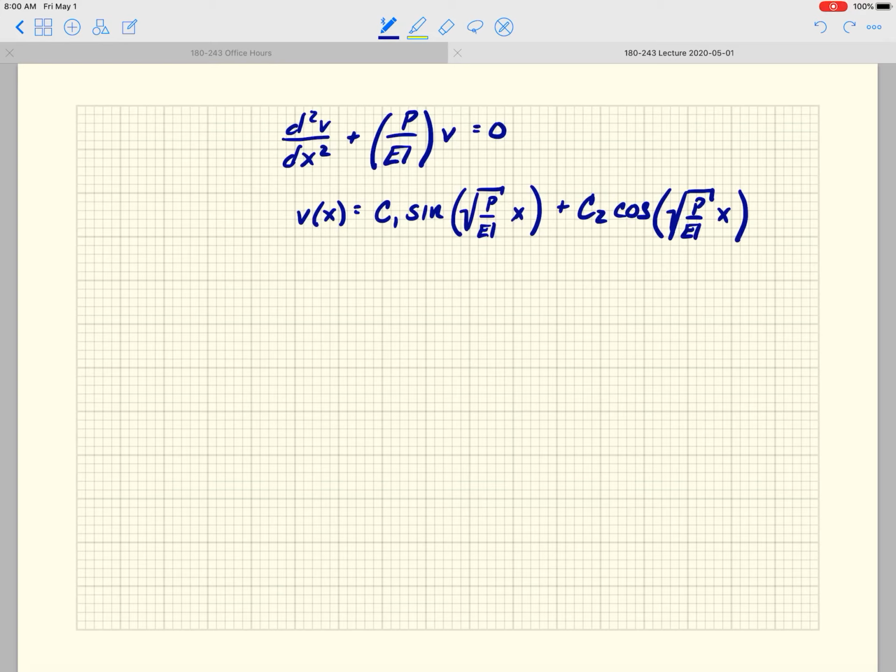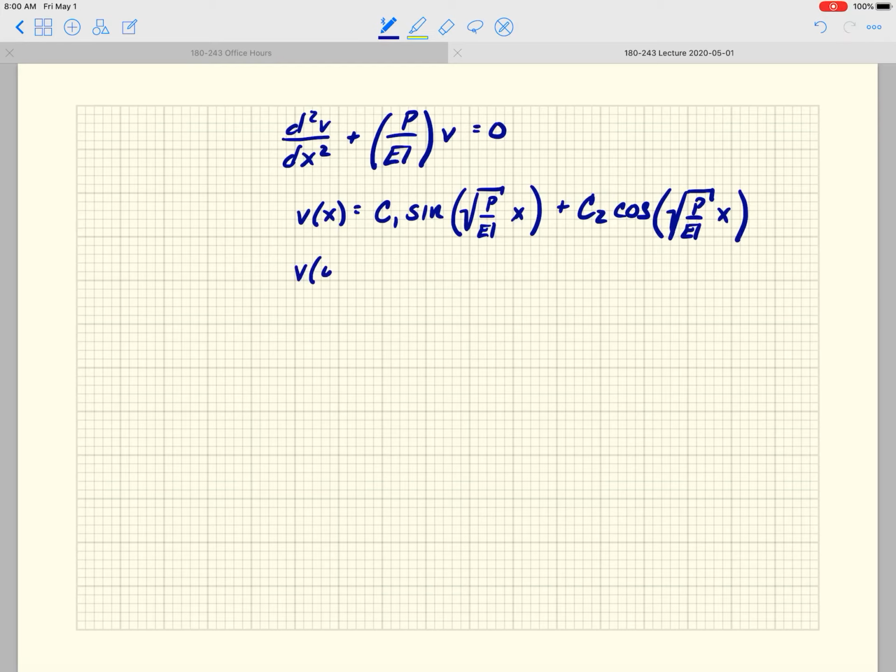Then that first term basically reduces to a minus P over EI, plus P over EI, multiplied by the same terms inside, C1 sine, C2 cosine, etc. So they all cancel. So this is the solution to that differential equation.